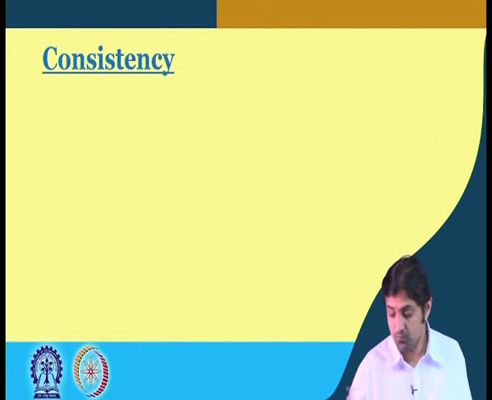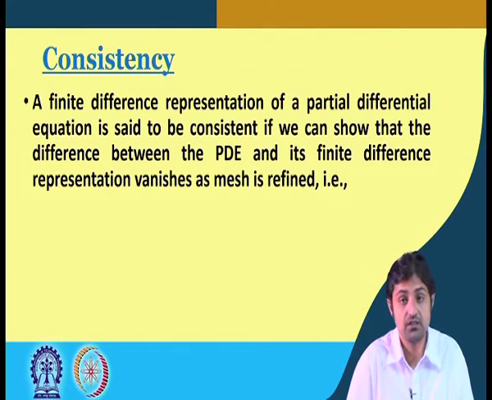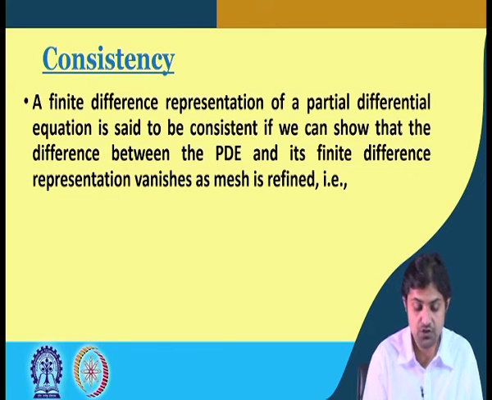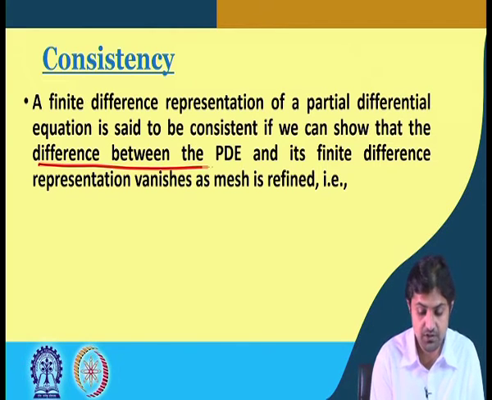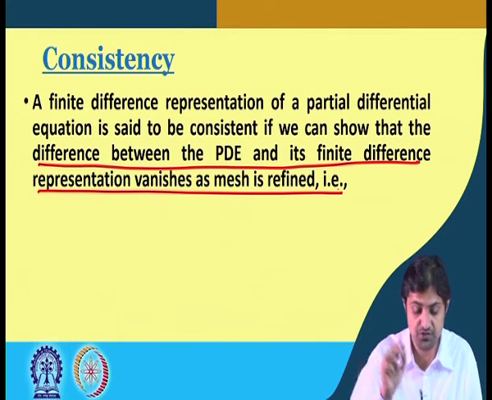So there is a term called consistency now. What actually is consistency? A finite difference representation of a partial differential equation is said to be consistent if we can show that the difference between the PDE and its finite difference representation vanishes as the mesh is refined.